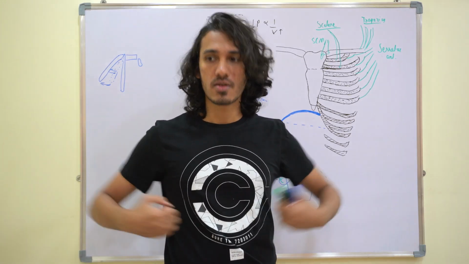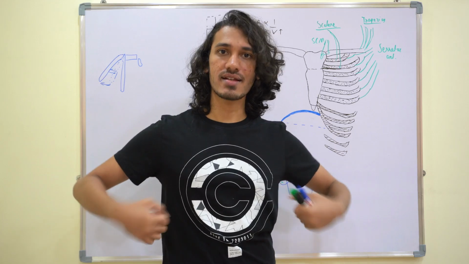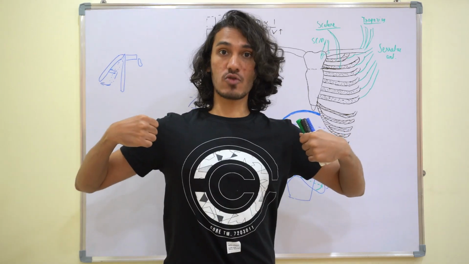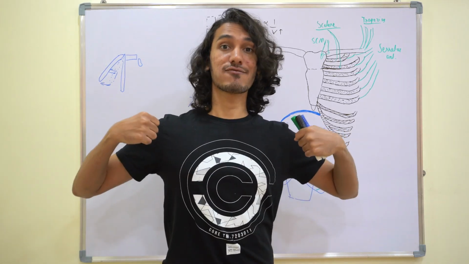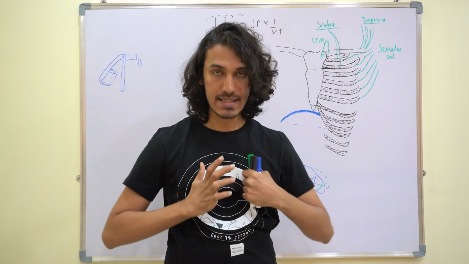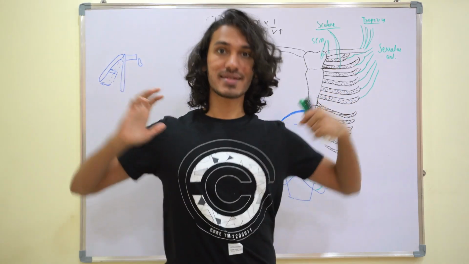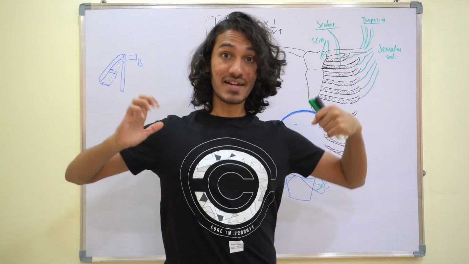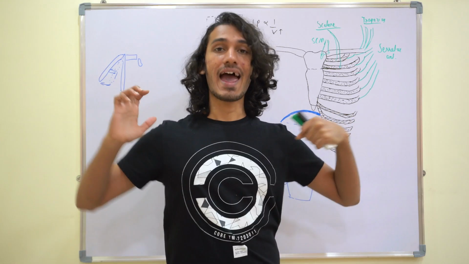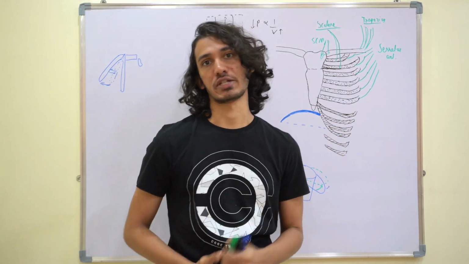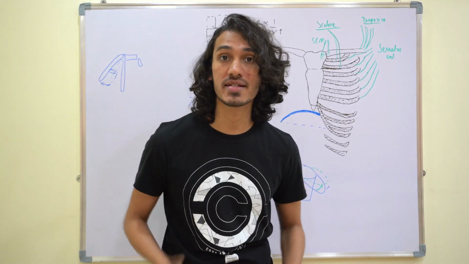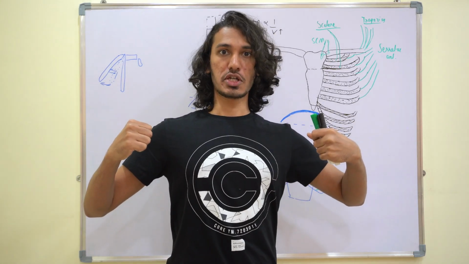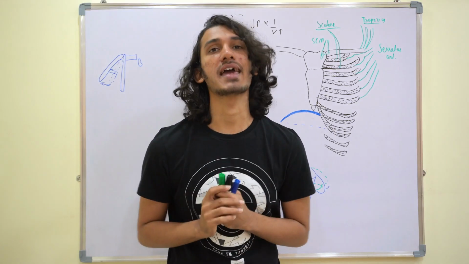Inspiration. So external intercostal acts to pull it out, and that is for inspiration. Internal intercostal pushes it inside, crowds the ribs together, and that is expiration. External intercostal is inspiration, internal intercostal is expiration.